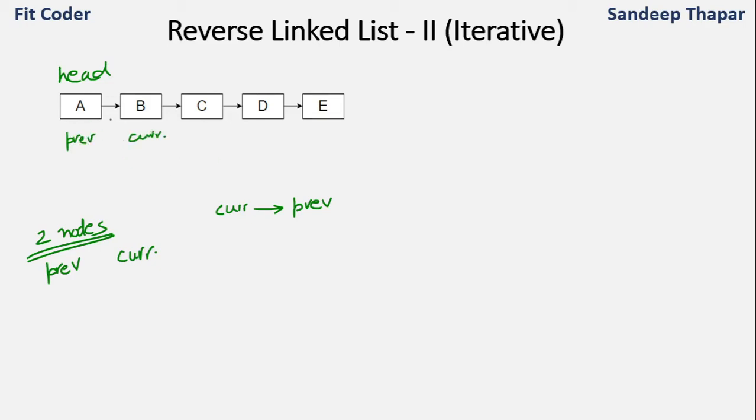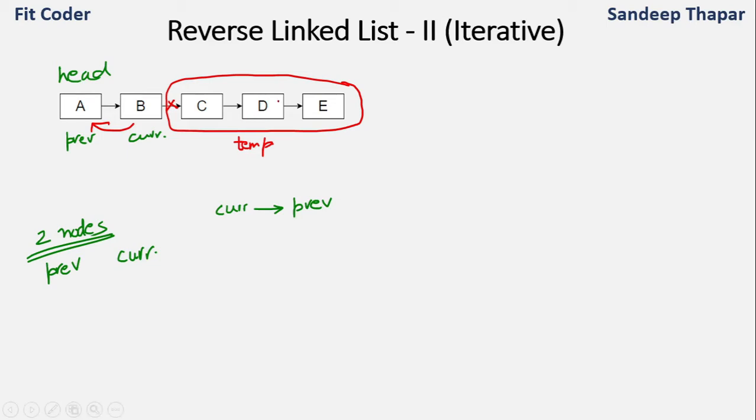We change this pointer so that B points to A, and we somehow save the link to the next node, because we are breaking this link. So we save the next pointer in some temp variable, and we keep on reversing each pair of nodes. First we'll reverse AB, then BC, then CD, then DE. So pick two nodes at a time, reverse the link between them, and then proceed to the next node.